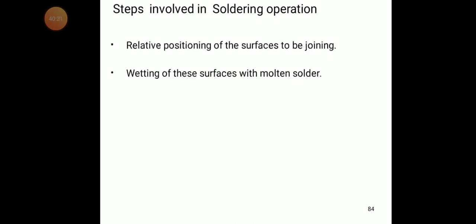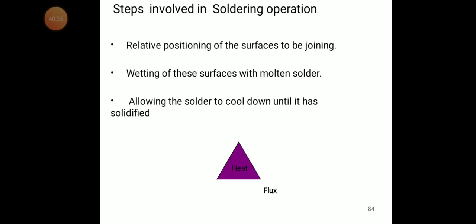The general steps involved in the soldering operation you can see: positioning the surfaces to be joined, wetting of these surfaces with the molten solder, and allowing the solder to cool down until it has solidified.